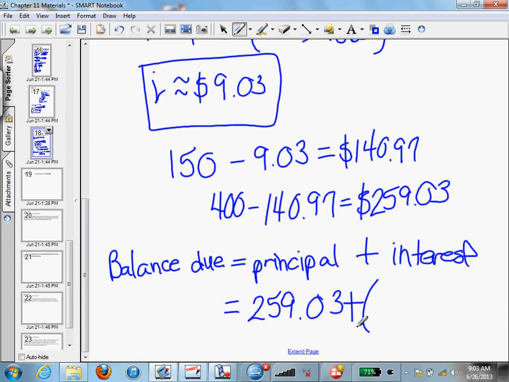Well, to calculate the interest, it is the amount that you borrowed, the $259.03, times the interest rate of 0.125, times the number of days left, which would be 55 divided by 360.